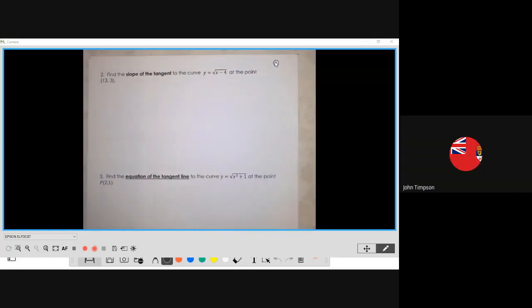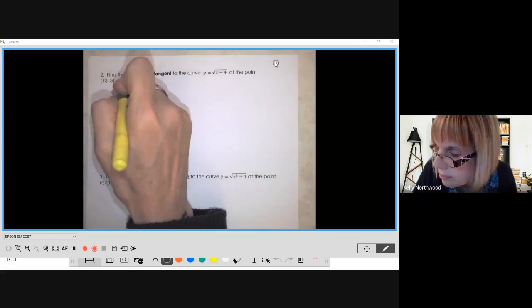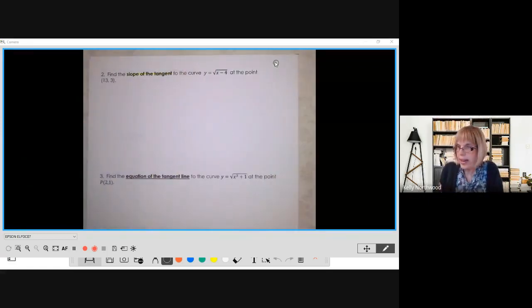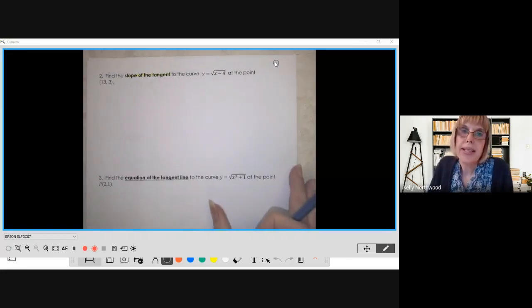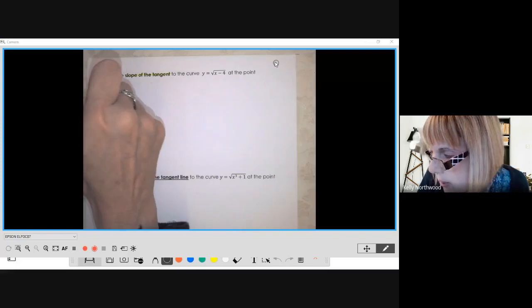Okay. All right, so here's a question where now we're finding the slope of the tangent to the curve at a point. First we need to find an expression for the slope of the tangent by finding the derivative.